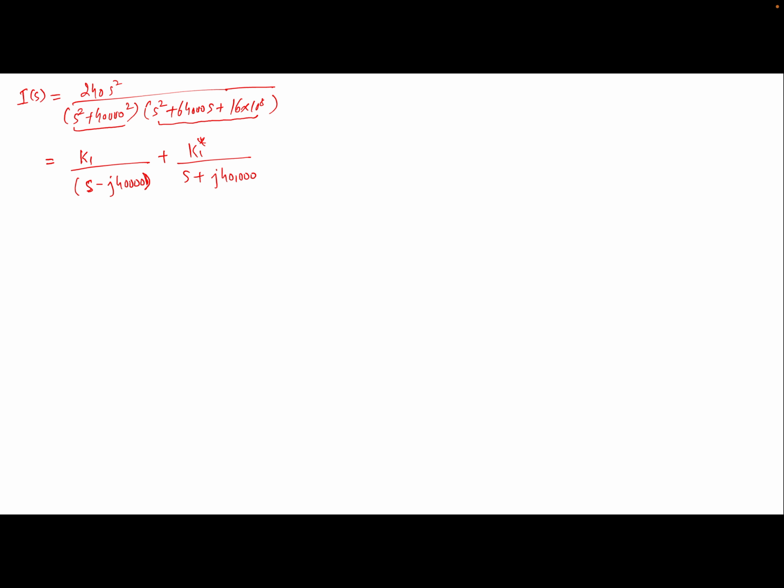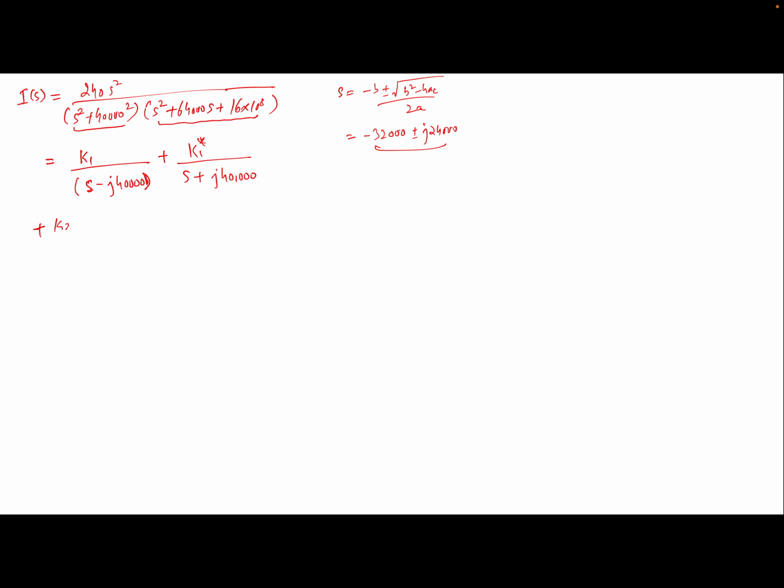Now I have another quadratic equation in s. If you were to solve this quadratic equation, if you remember, minus b plus minus the square root of b squared minus 4ac over 2a, the roots that you're going to get are minus 32,000 plus minus j 24,000. So I can apply these roots as well and create two more terms.